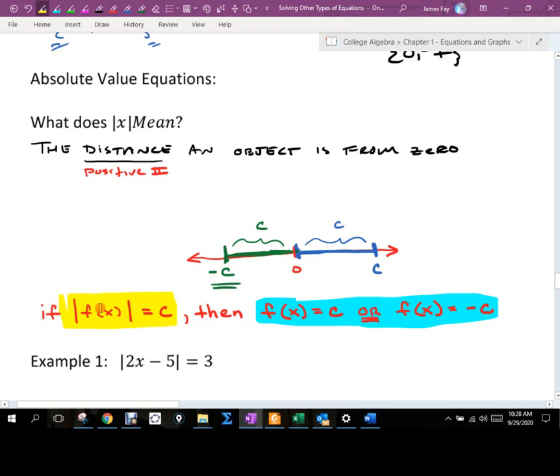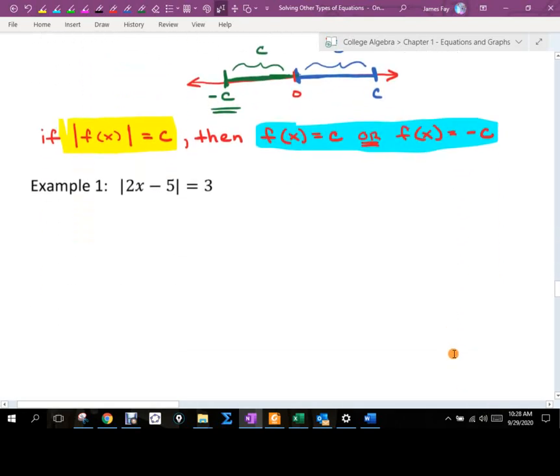So the only way that I can actually get rid of the absolute value bars to solve for the variable in this function is to isolate it so I can then do this stuff here in blue. So we'll come back and talk about that in a little bit more detail and a couple more examples in a moment. But let's look at this problem here.